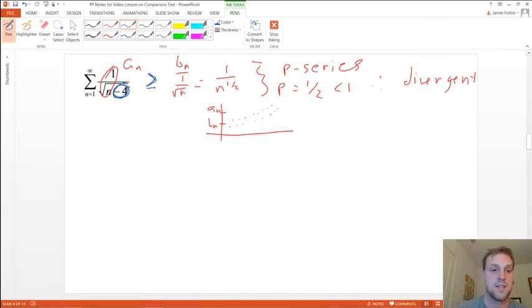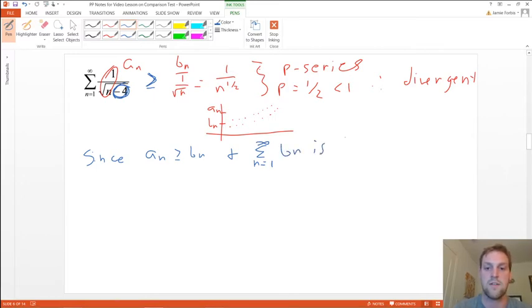So that being the case, everything matched up the way I wanted it to, I can say since a sub n is greater than or equal to b sub n, and the summation n equals 1 to infinity of b sub n is divergent, then a sub n is divergent. Okay.